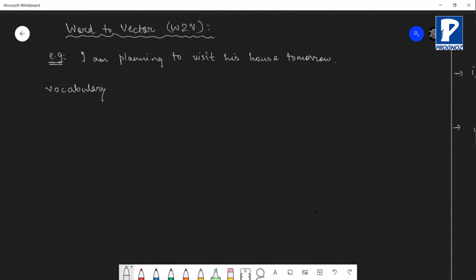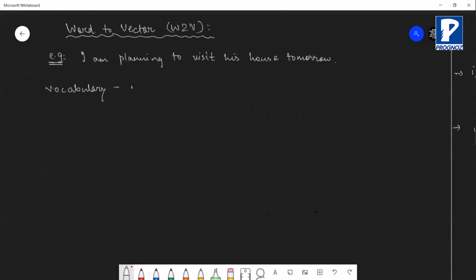And what is my objective? My objective is to convert this text information or this text corpus into a numerical format। और उसके लिए मेरे को जरूरत पड़ेगा something known as vocabulary.